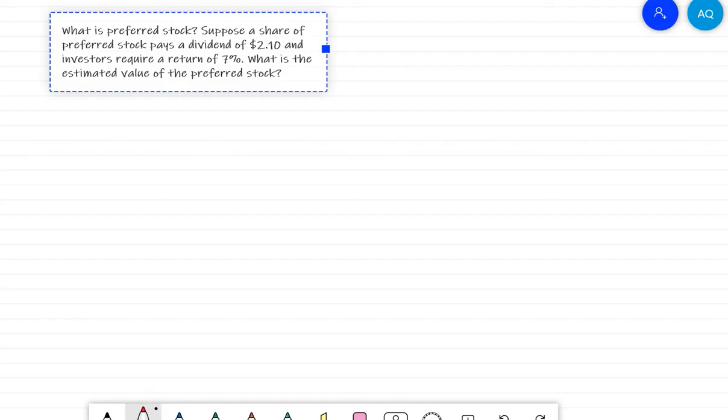We have a cost of preferred stock formula, that is dividend over the current price of the stock. Now we want to calculate the value of preferred stock, and that is actually the price.